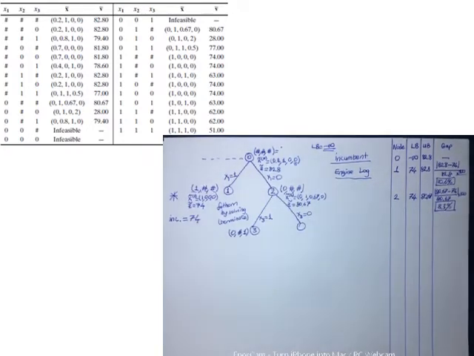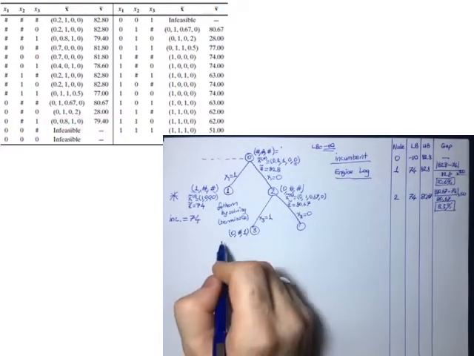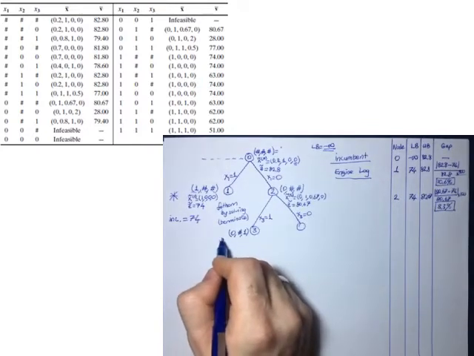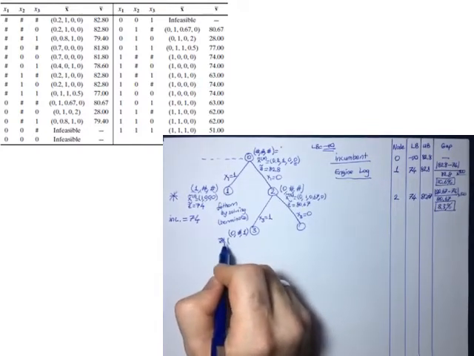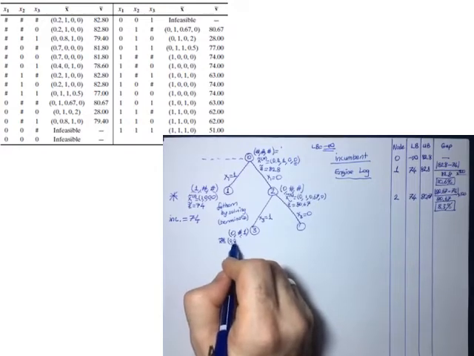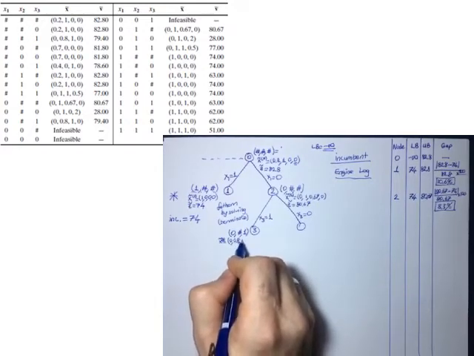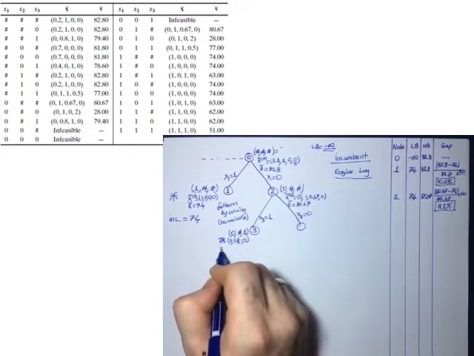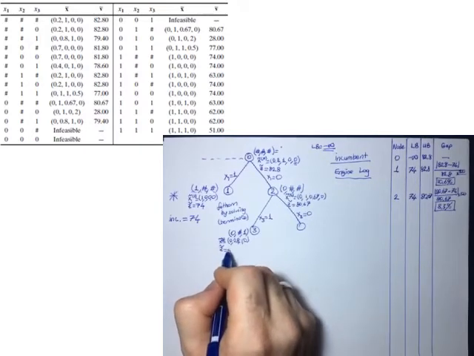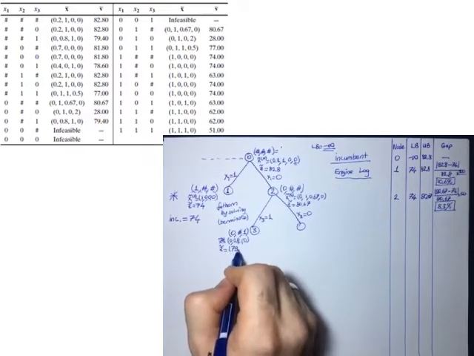Now it's time to look at the table, 0, free, and 1. It is this row here. So the solution is, let me write x3 tilde, 0, 0.810, with objective function value equal to 79.4.